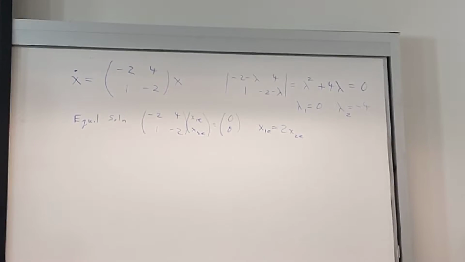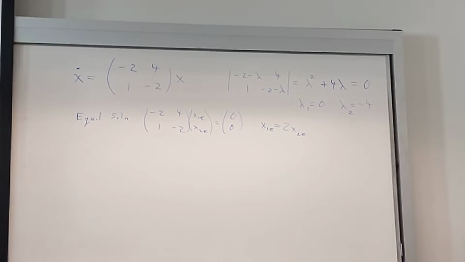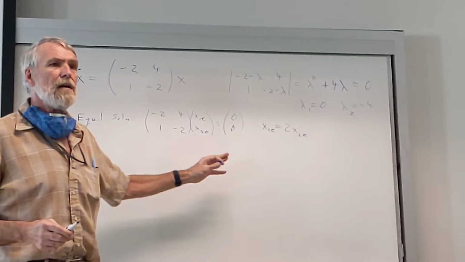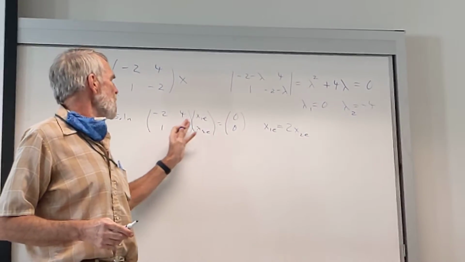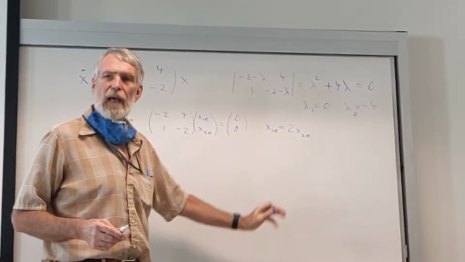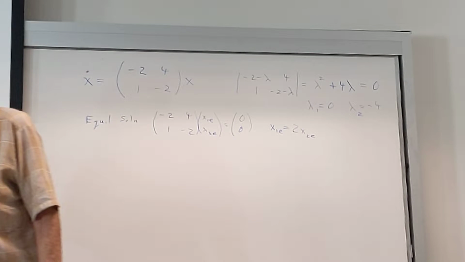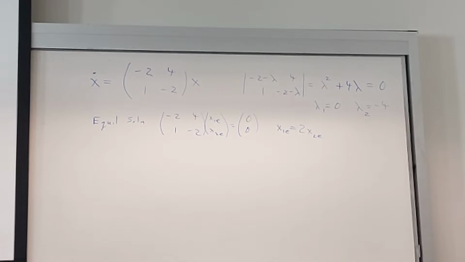So it's just a multiple of 2. So 2 and 4, so any combination where the x value is twice the value of the other is an equilibrium. That means it's stationary, it's sitting there.